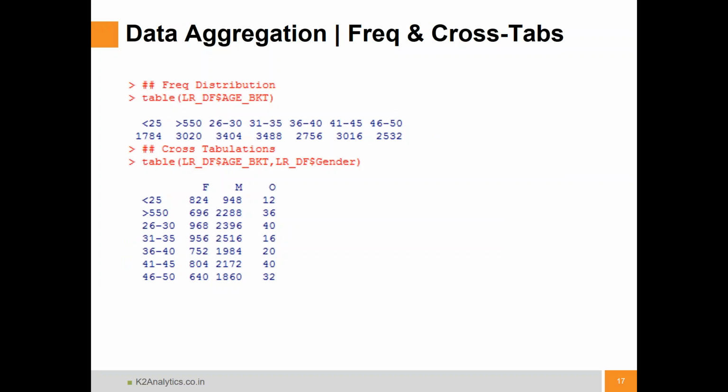At times, the information which you see in one single column, single variable, may not be sufficient. You may require a two-dimensional view to make the interpretation. That is called a cross-tab.